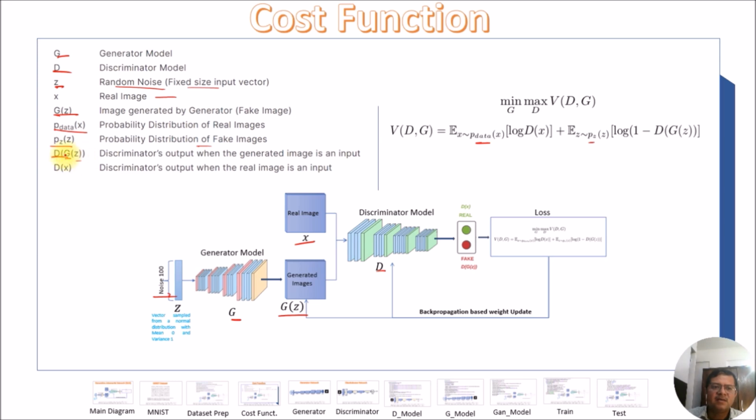Then D(G(z)) is a function of a function. We can read it as the discriminator output when we pass the generated images.